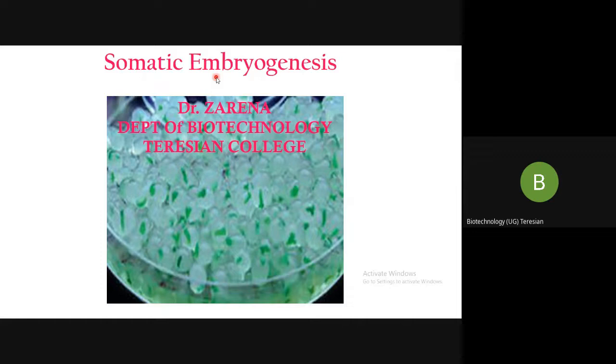In the direct method, you took the explant from the plant of your interest and directly it was converted into the embryo, right? Whereas in your indirect method, you had an intervening step which is known as callus formation.